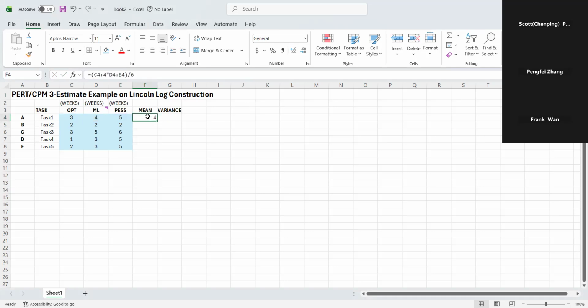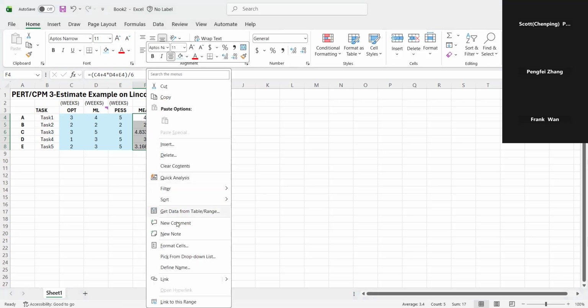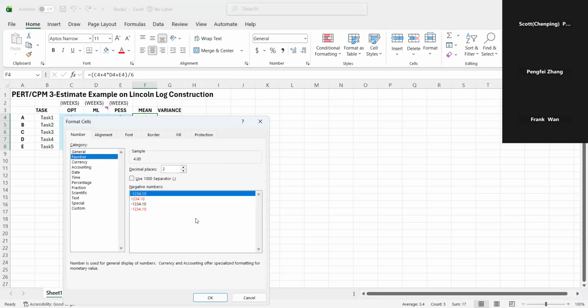So the average is 4 weeks. We use relative addresses, copy it down, and get all the rest of the activities. But I don't want so many digits, so let's just use 2 decimal places.